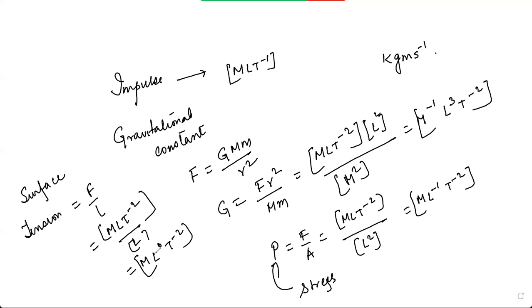So we have to remember different types of dimensional formulas by remembering their formulas. We have to learn the formulas of different terms, that is latent heat, specific heat, molar gas constant, Planck's constant, etc.